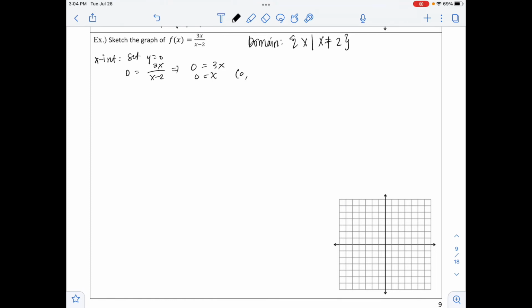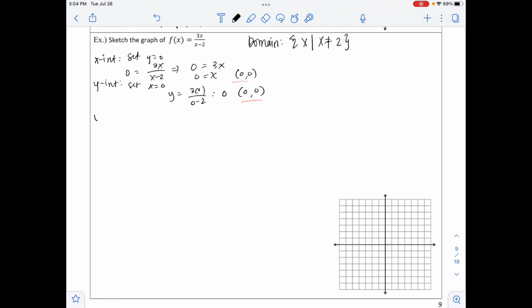And so this is going to be the point 0, 0. And likewise, to find our y-intercepts, we're going to set x equal to 0, and we get y equals 3 times 0 over 0 minus 2, which works out to be 0. So again, we have 0, 0, so I will underline those points just so that we don't lose those when we go to graph this function.